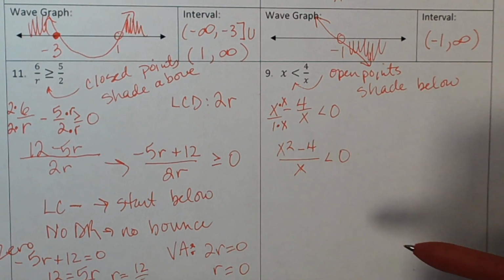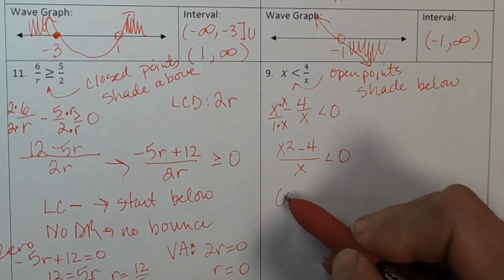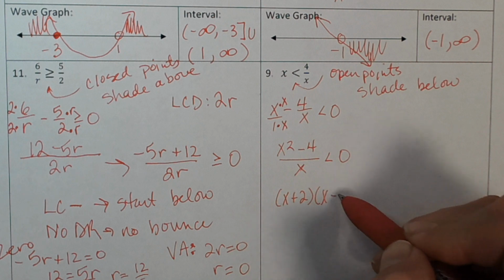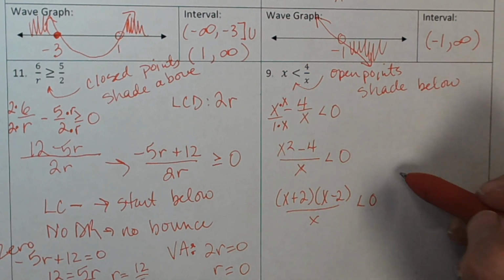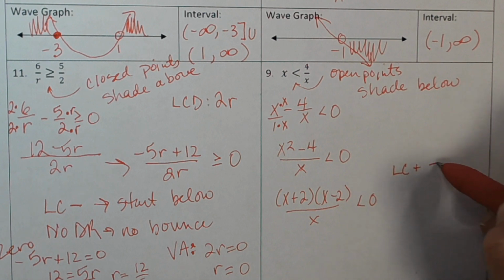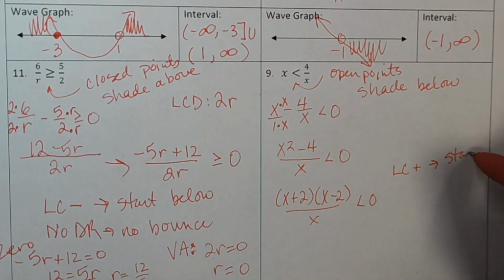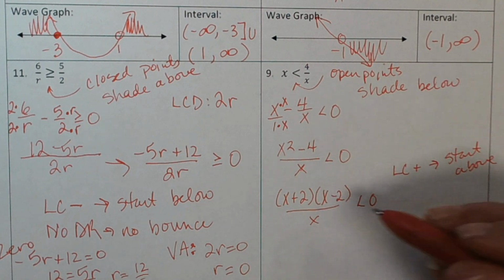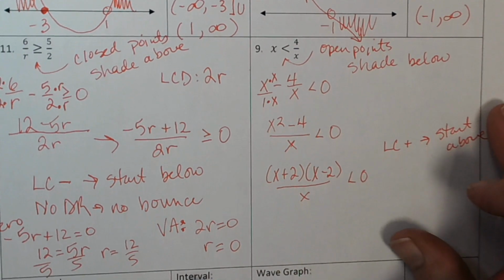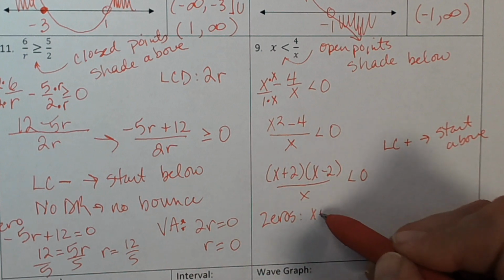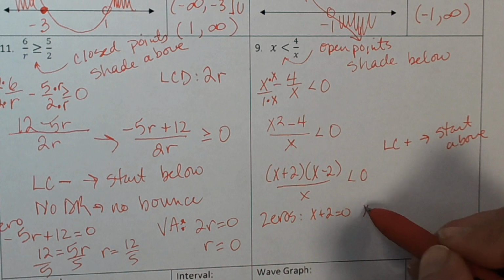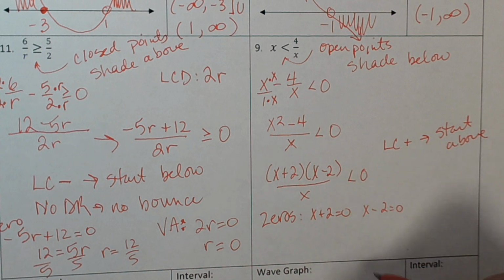Okay, I see that numerator can factor, so I have x plus 2, x minus 2 over x is less than 0. So our leading coefficient is positive, so we're going to start above with our wave. And no double roots, we can see that there's not anything squared. So my zeros are from the numerator. x plus 2 is equal to 0, and x minus 2 is equal to 0.